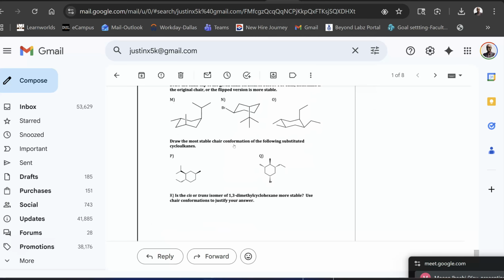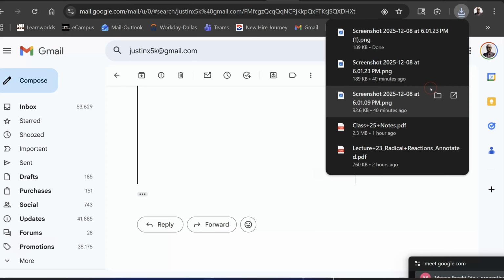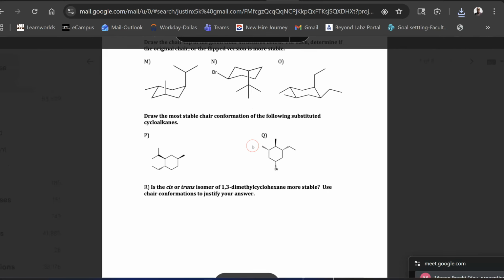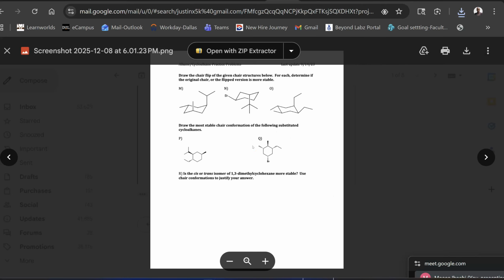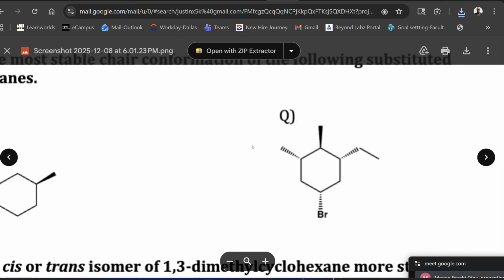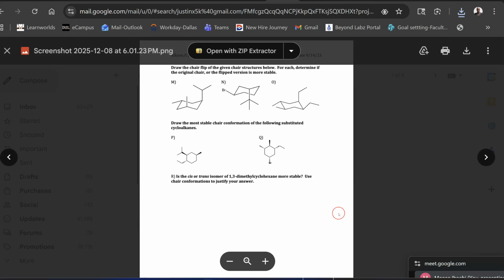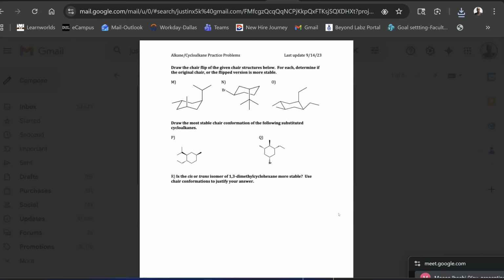Why is the Word document only taking... strange. Let me download and see. Well, you know what? I don't need to download. Yeah, so only question R. I understand P and Q now.